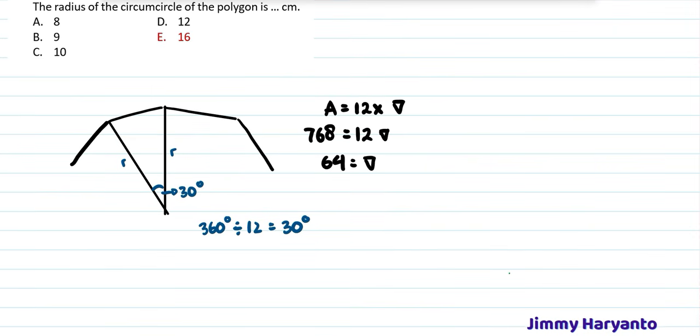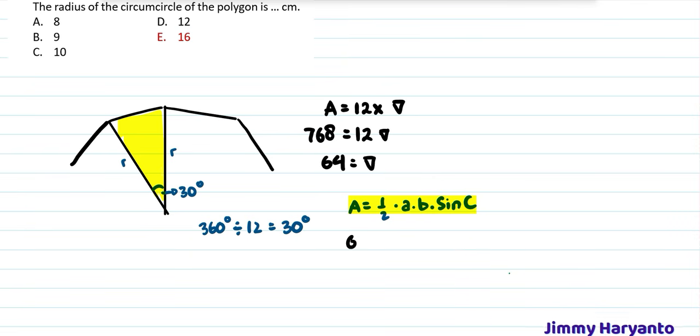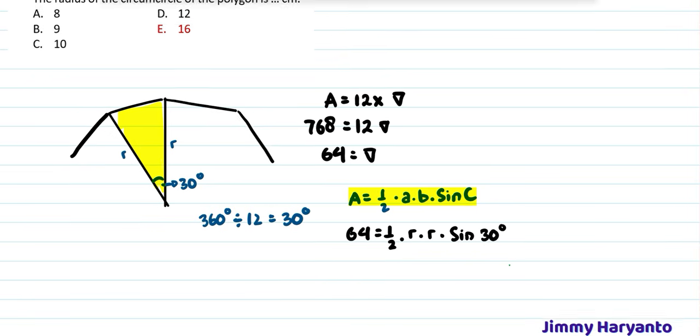And then the area of one triangle will be, area equals half times A times B times sine C. So this is the formula of the area of a triangle. So the area is 64, already given, equals half times A. The A is R, the B is also R, the sine C is sine 30.